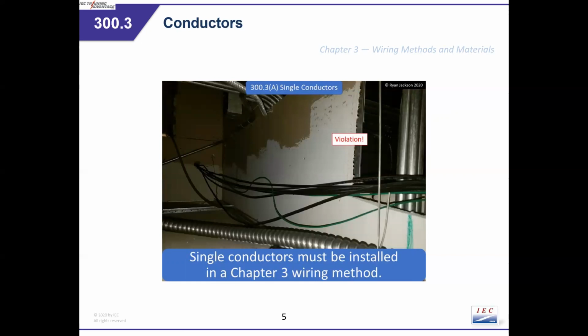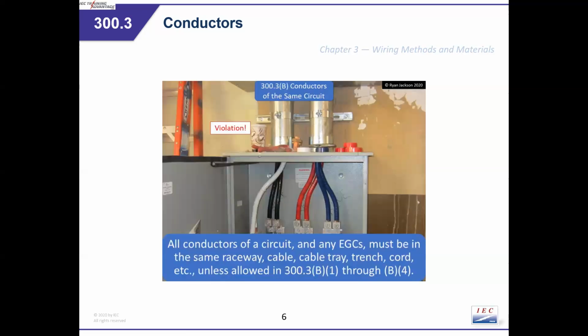300.3, single conductors must be installed in a Chapter 3 wiring method. You cannot just free air single conductors. They need to be in some sort of protection, a Chapter 3 wiring method, some sort of raceway system.